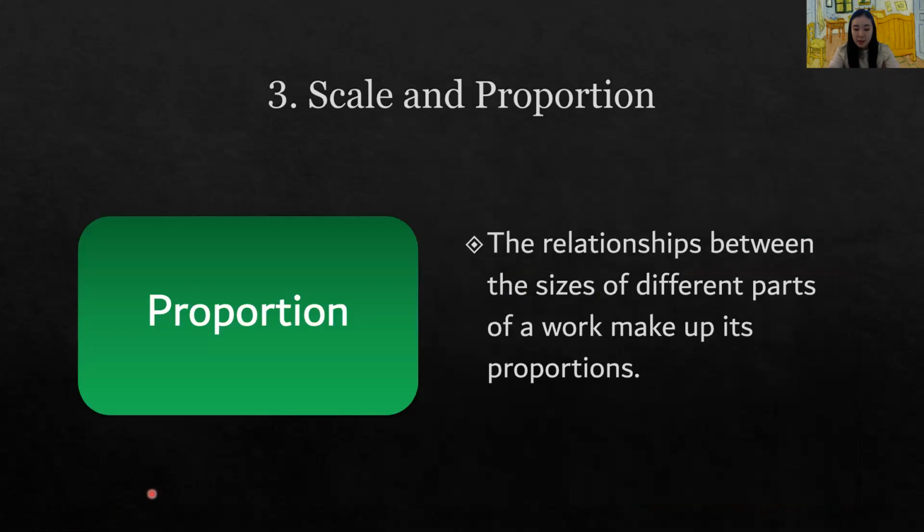Let's see proportion for the last. The relationships between the sizes of different parts of a work make up its proportions. By controlling these size relationships, an artist can enhance the expressive and descriptive characteristics of the work.